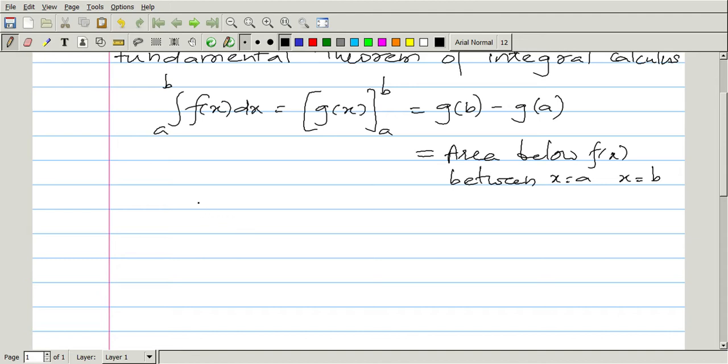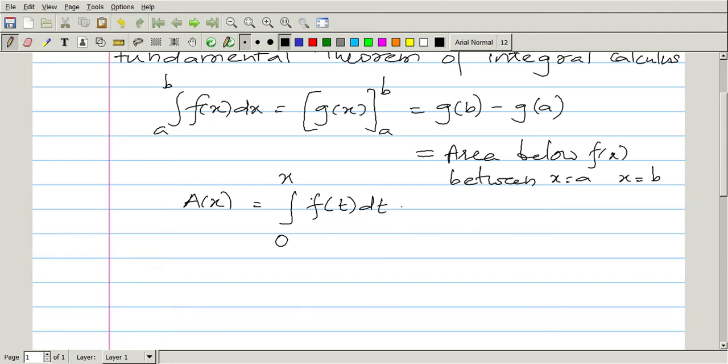Suppose the area function is denoted with x, then the integral from 0 to x of f of t dt is termed an area function. We'll try to prove this.